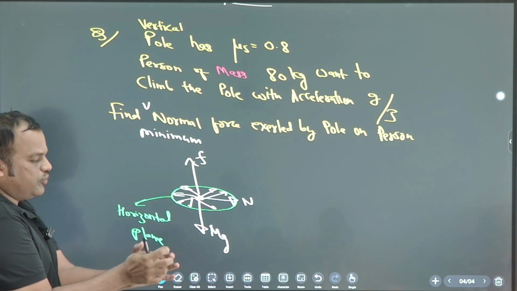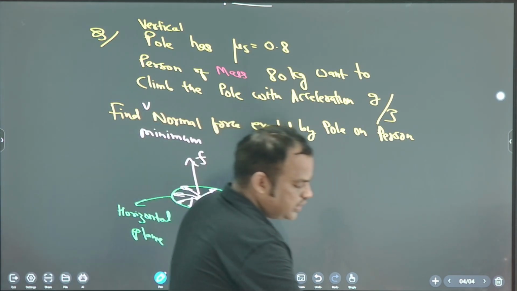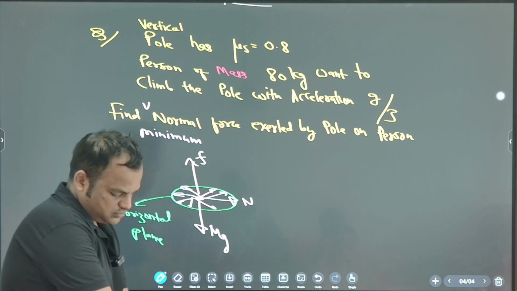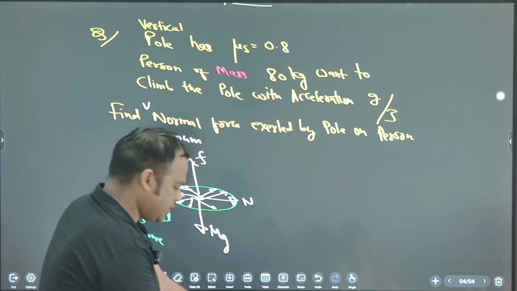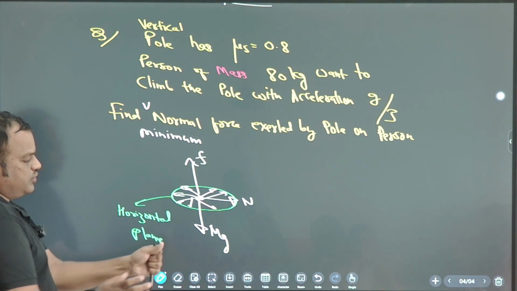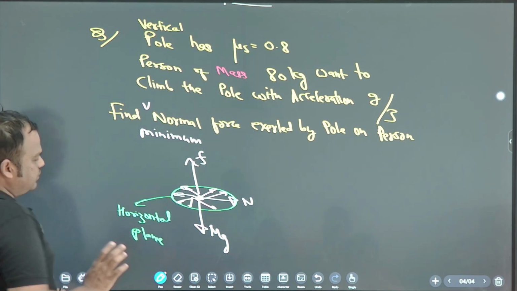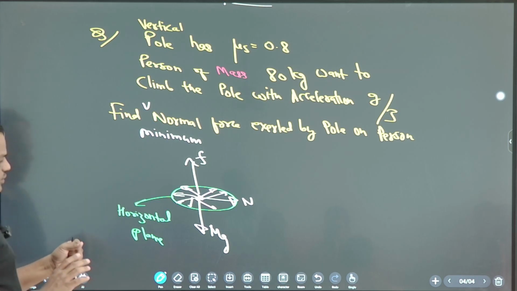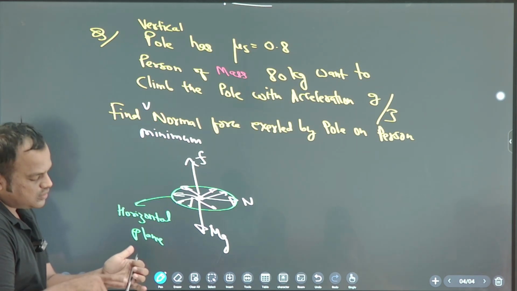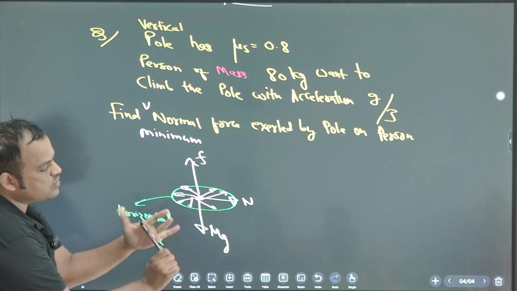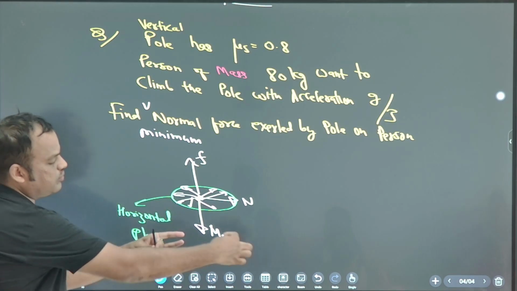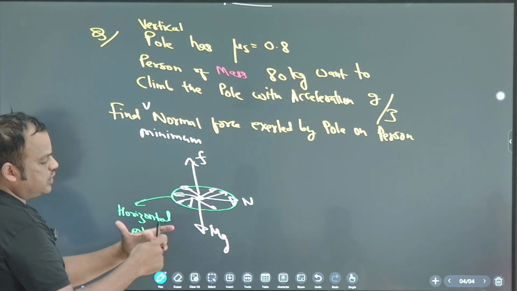So you are holding a pole like this. Okay, clear. So horizontal. Here contact is there, so one normal here. Now here also contact is there, so one normal here. Now contact is here.